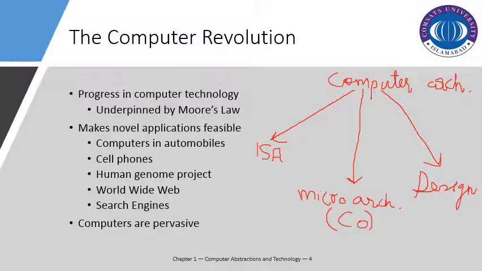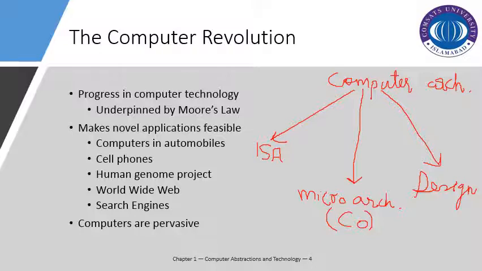So we can say that the organization of a particular system, the resources, the instructions that are used to implement the system, that is covered under the heading of computer organization. And computer architecture is basically the main setup that covers all the three aspects.